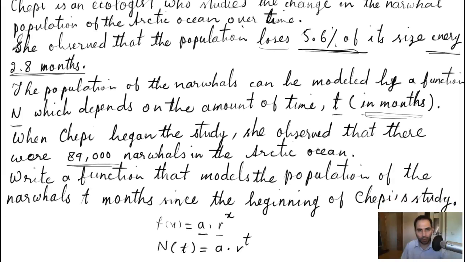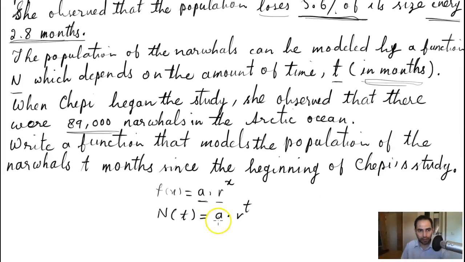And what is my a here? A is basically the beginning. In the beginning, what was the population of narwhals when Cheppy began the study? It was 89,000.